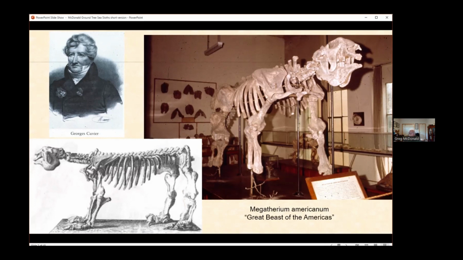I might also point out that this sloth, besides being the first one described, was the first fossil vertebrate for which a Linnaean binomial name was given, the Megatherium americanum. And it's also the first fossil skeleton that was mounted three-dimensionally on iron supports as a museum exhibit.